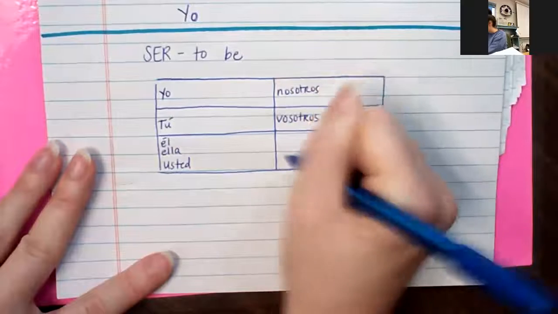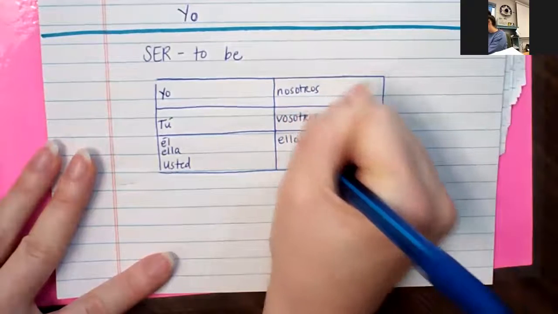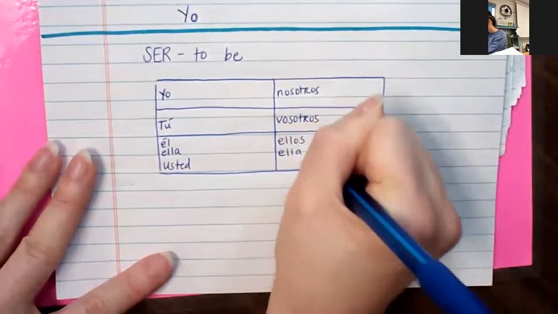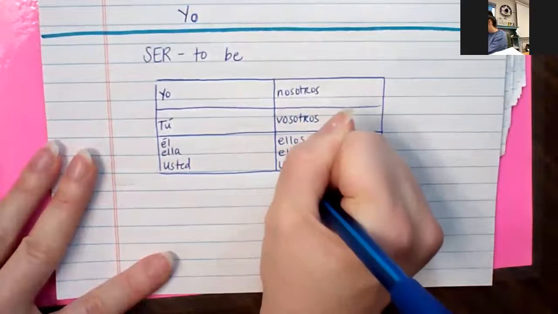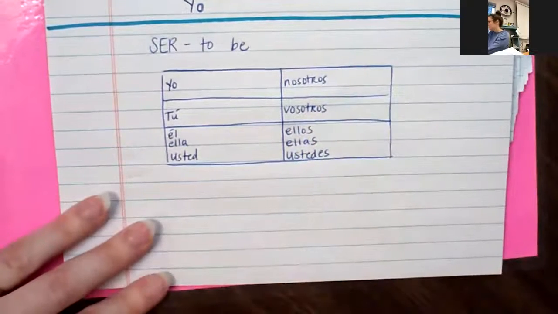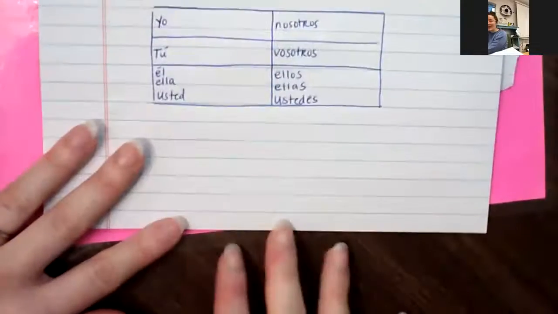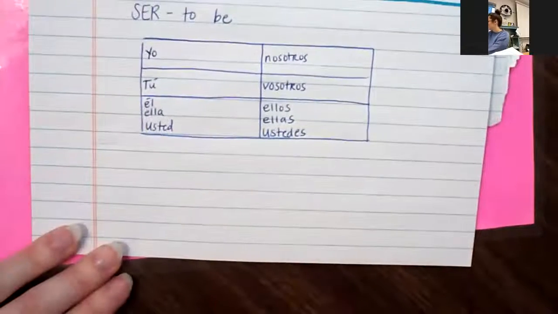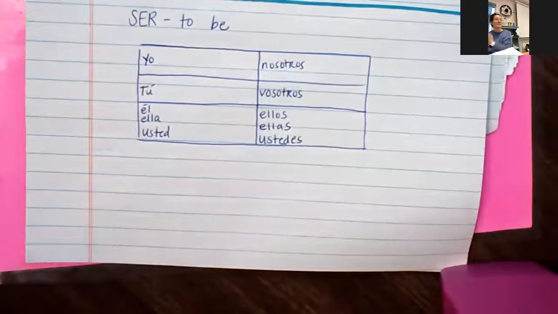I know I already said that, but it bears repeating. So in English, this verb is going to function as the words is, am, are. That's what it means. I know we don't really use "to be" as a verb that frequently.